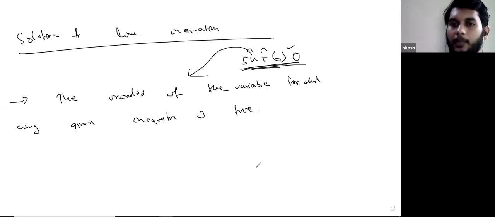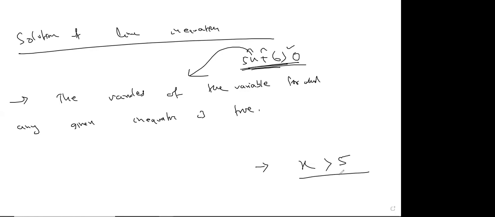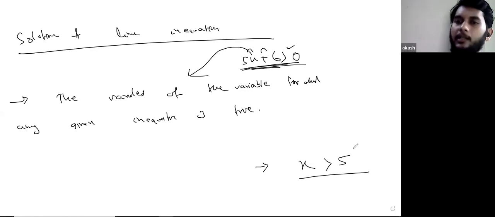For a simpler example, if I write x is greater than 5, can you tell me the solution of this linear inequation? x will be 6, 7, 8, 9, 10 till infinity, right?